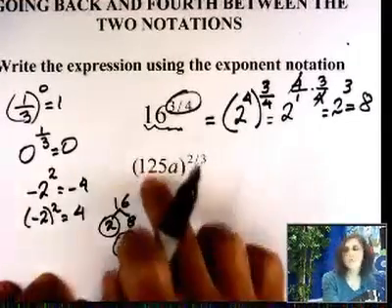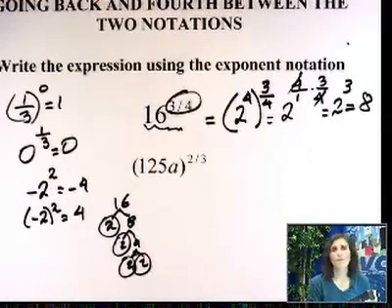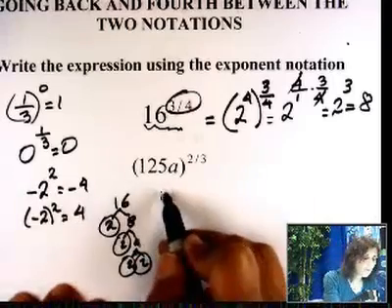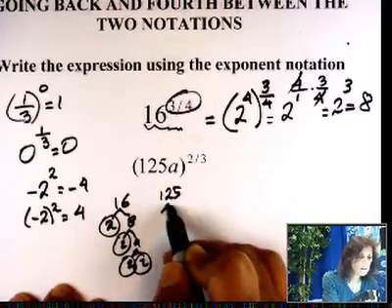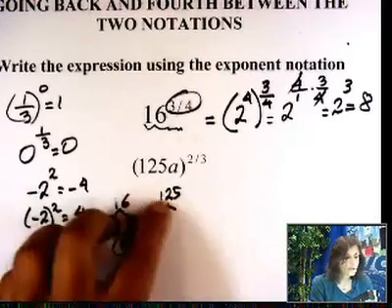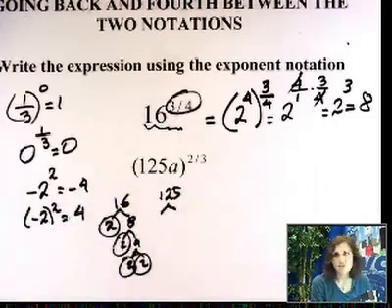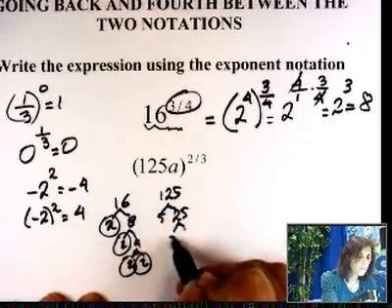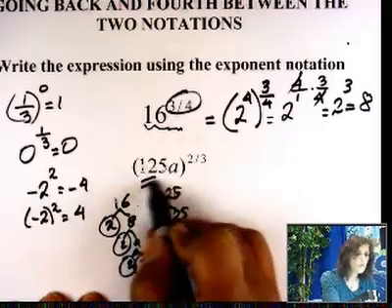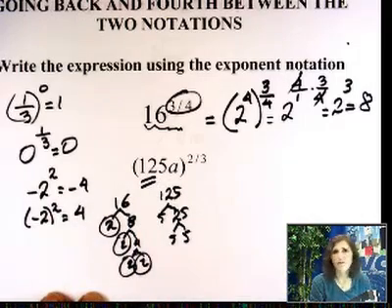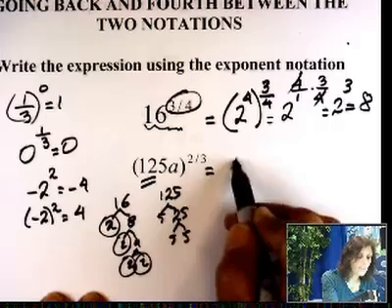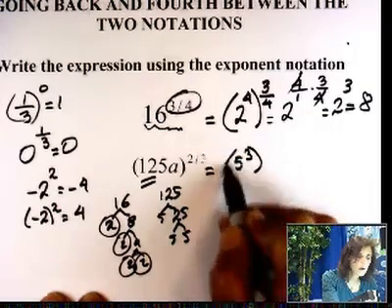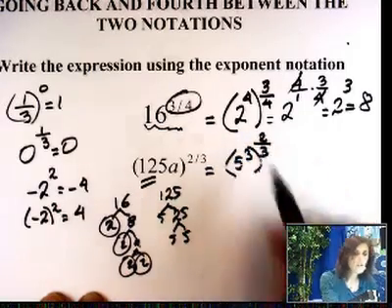Well, let's try this one. Just go back and forth between notations. 125, what is that? You can do a couple of things. 2 plus 1, 3 plus 5. So that's not divisible by 3, but it is divisible by 5. Guess what 125 is? It is 5 cubed. So I'll write that. 5 cubed to the 2/3.